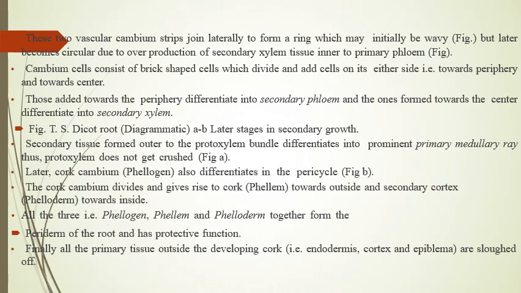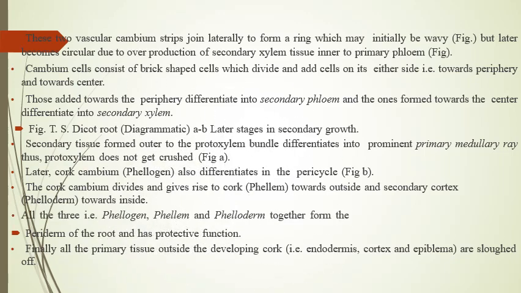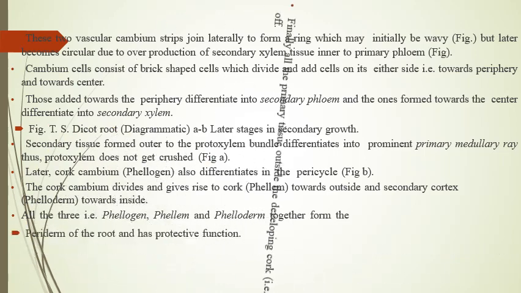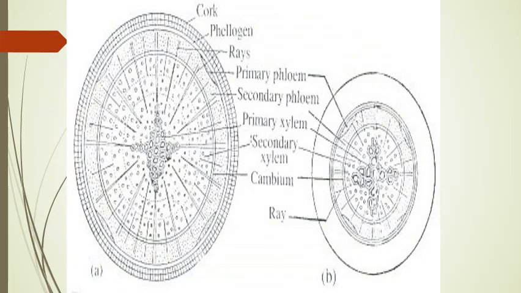The cork cambium divides and gives rise to cork towards the outside and secondary cortex towards the inside. Cork, cork cambium, and phelloderm together form the periderm of the root, which has a protective function. Finally, all the primary tissues outside the developing cork are sloughed off. You can see here.